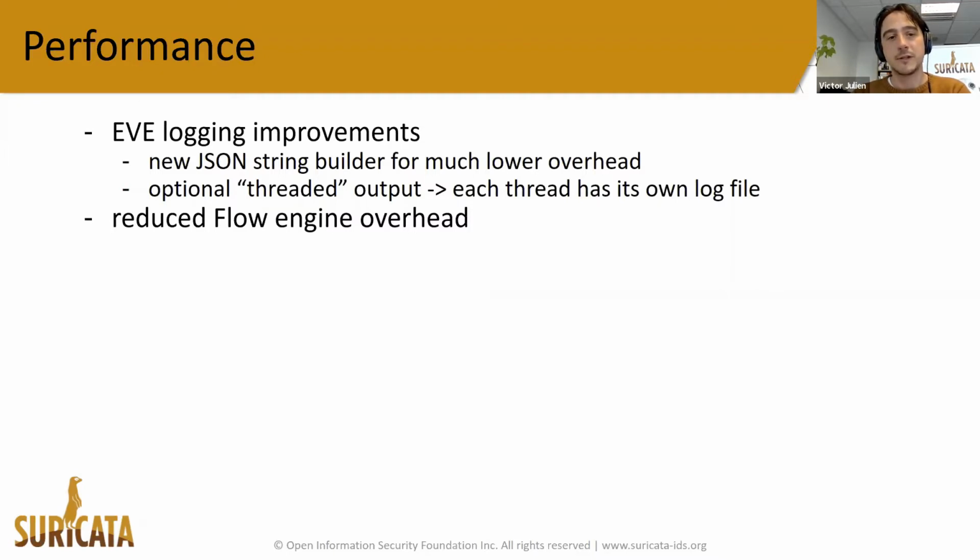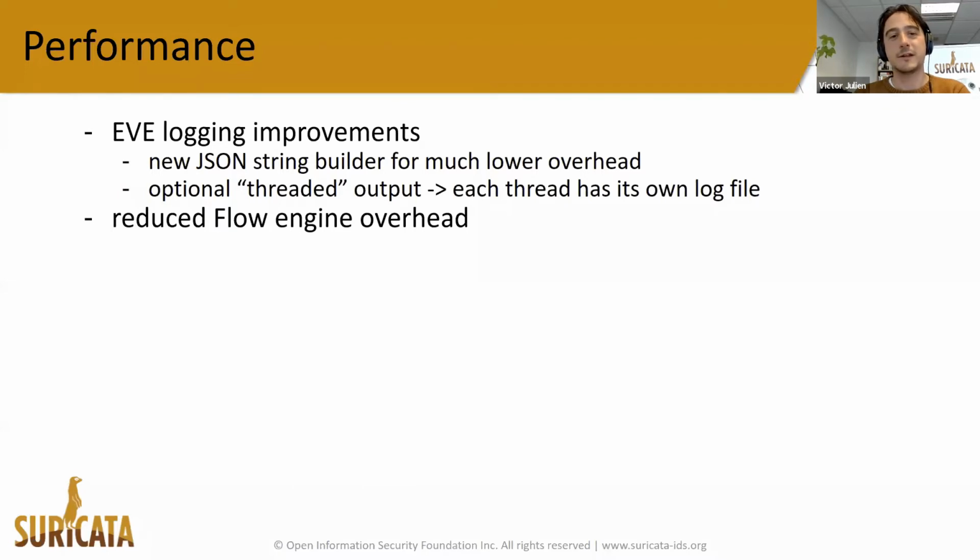And then Jeff from our project also has created a separate improvement, which is currently optional. So it's not enabled by default, but it's a threaded output, which means that every worker thread that outputs to the EVE log actually creates its own file. And this reduces threading contention issues, and so it can be lockless.